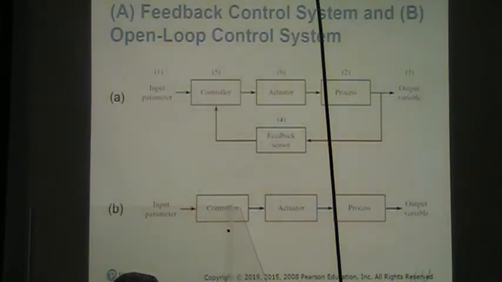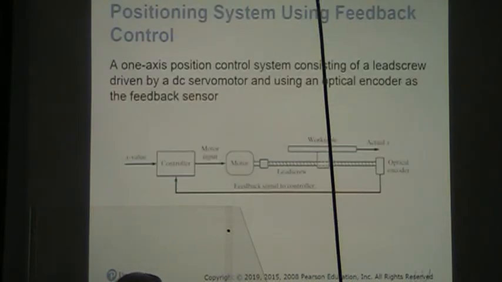If we don't have that, we just have the input parameter in an open loop system, the controller into the actuator, into the process, and we just have the output variable. If we don't have that kind of feedback, we probably have some kind of quality control check after this process.